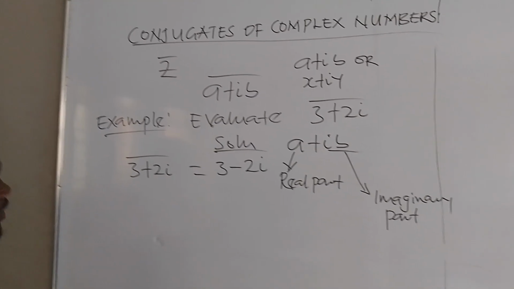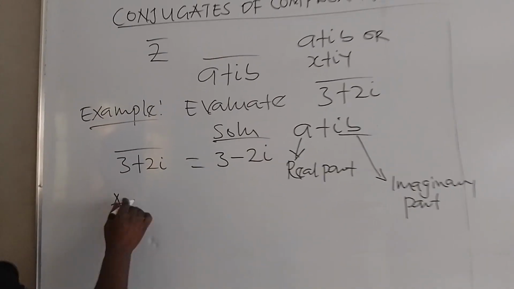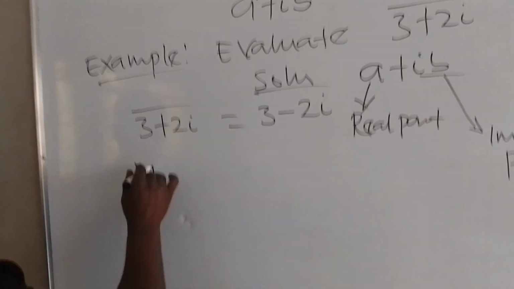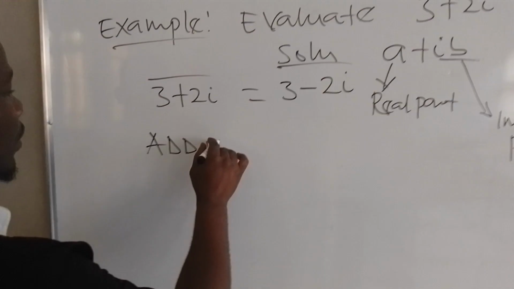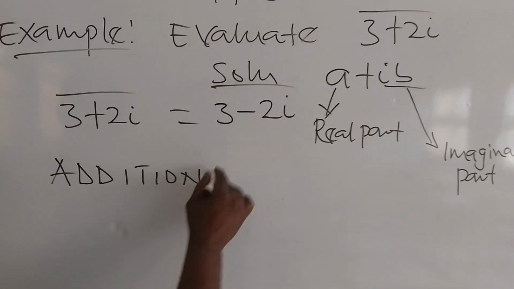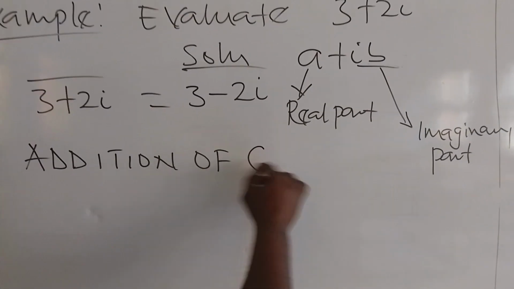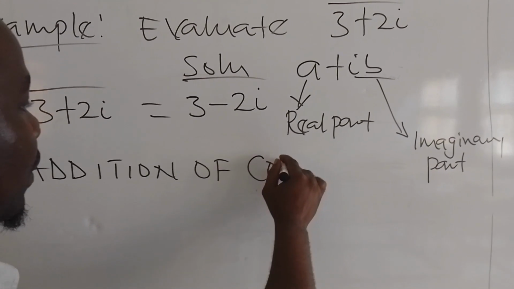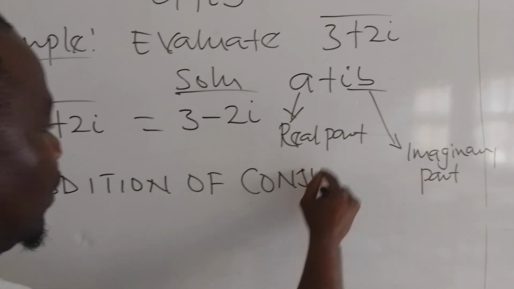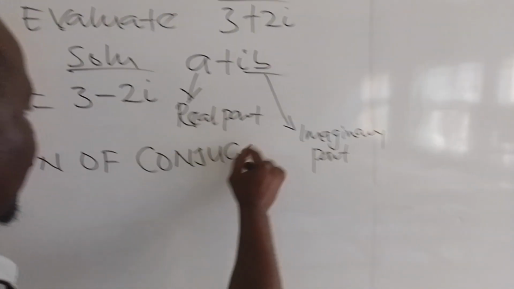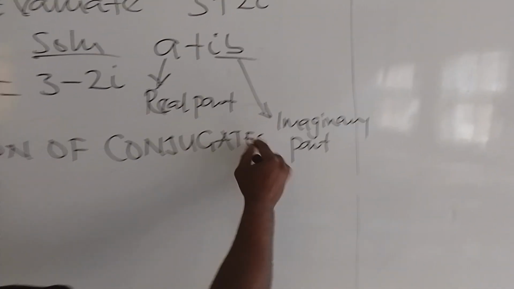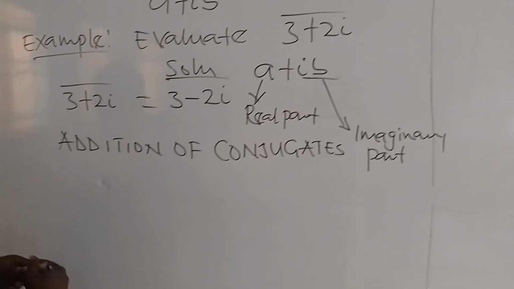Is that clear? Addition of conjugates of complex numbers.